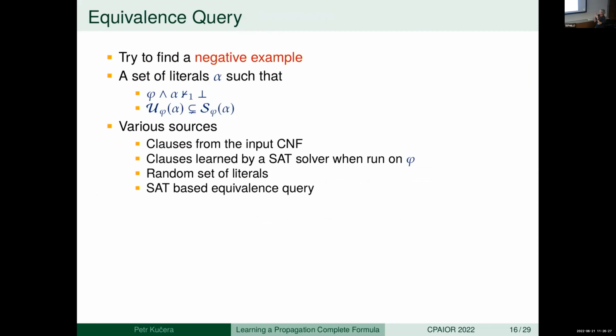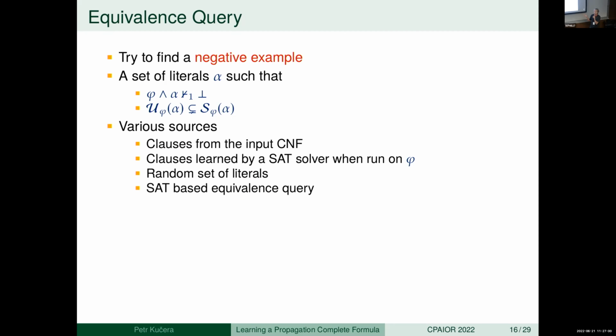All right, so just to say more about what we mean by a negative example. An equivalence query means trying to find a negative example. A negative example to us is a set of literals which is not inconsistent with unit propagation, but the unit propagation closure of this set of literals is not equal to the semantic closure.